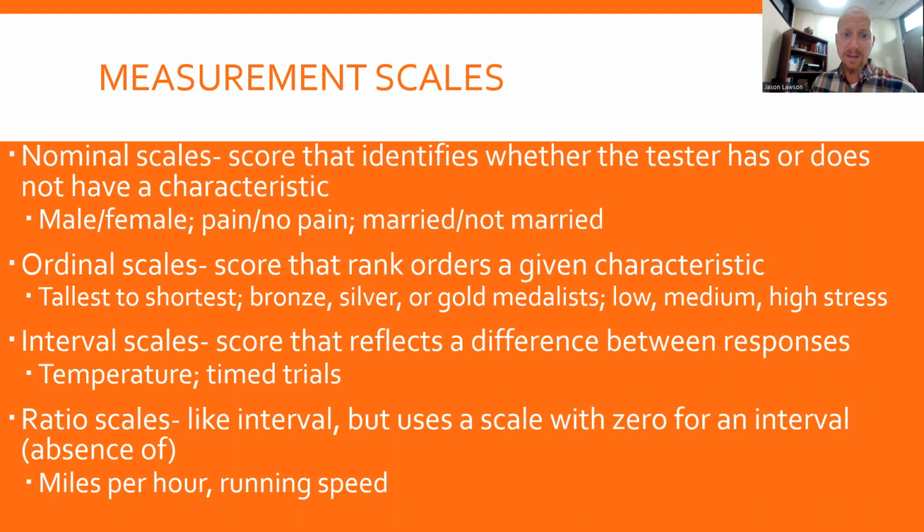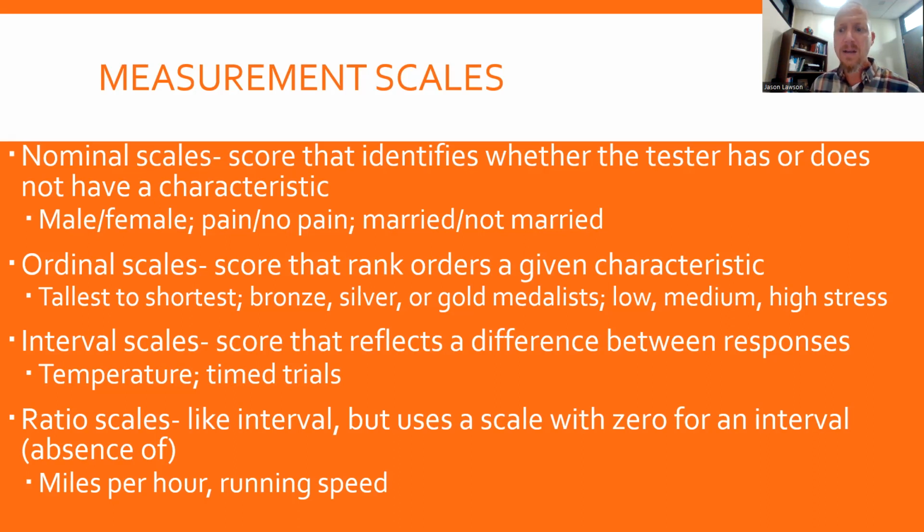The ordinal scale rank orders a given characteristic, so there's a level of order to it. This might be tallest to shortest, bronze, silver to gold medalist, or low, medium to high stress. You also might find ordinal scales in those screening tools we looked at: frequently, seldom, never, going backwards there, but those also have a particular ordered scale.